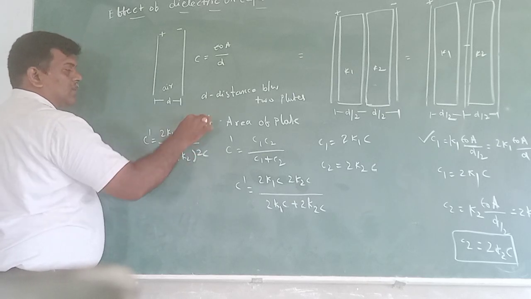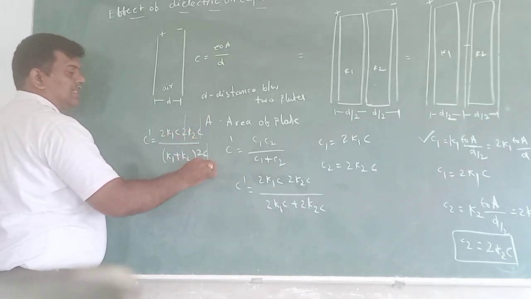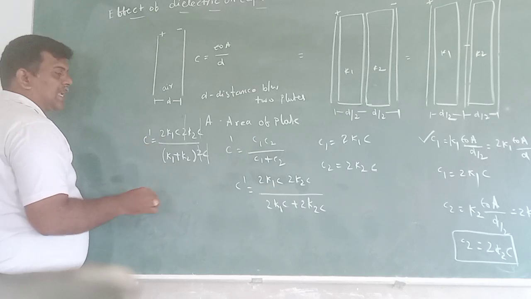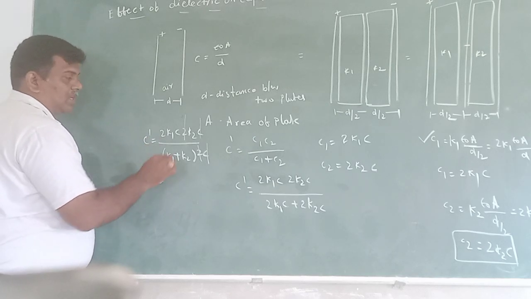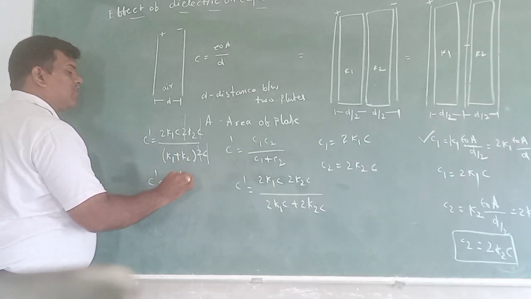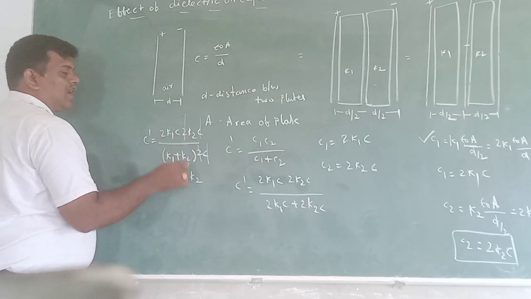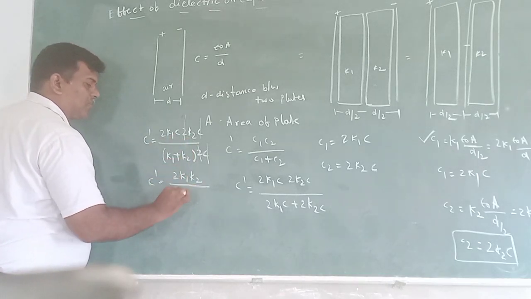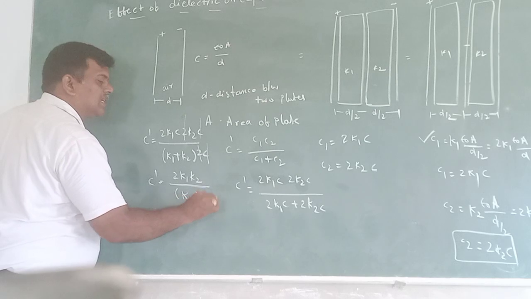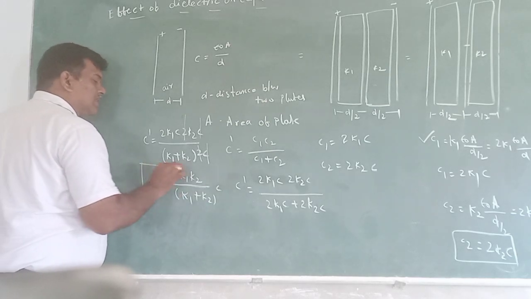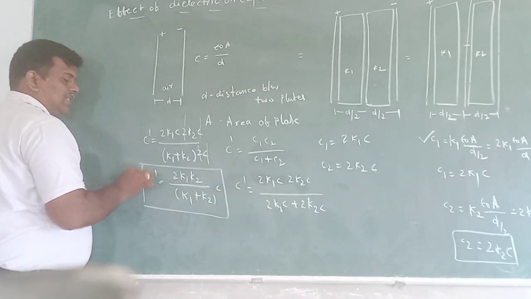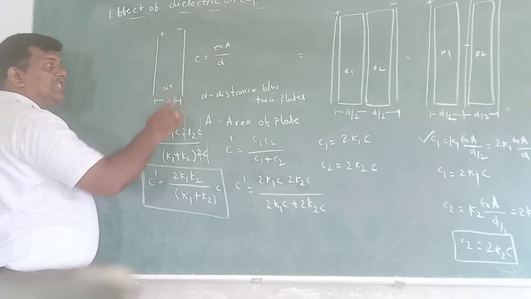Therefore this is the effective capacity C dash.